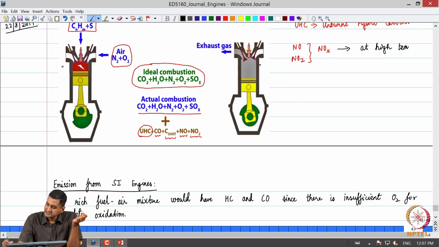At high temperatures in these cylinders, N2 will react with O2 to form NO and NO2.